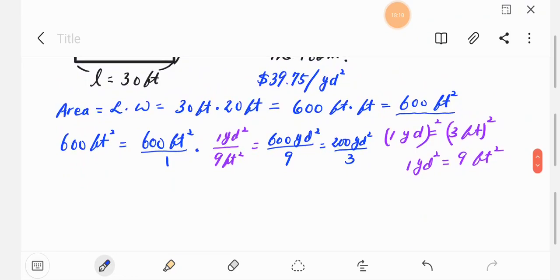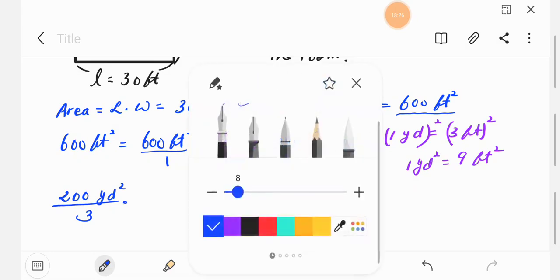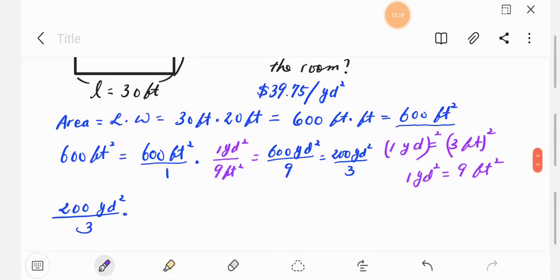So let's now convert this square yard into dollars, right? Dollars. So let me write it here. 200 square yard over 3. So what is the conversion rate? This one, right? So this means $39.75 is equal to what? 1 square yard, right?